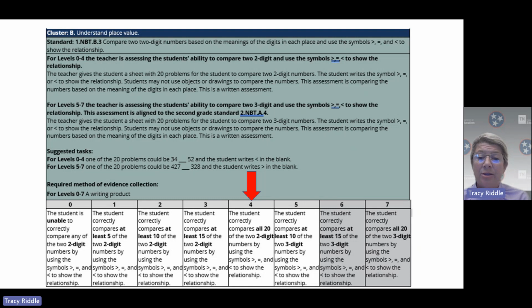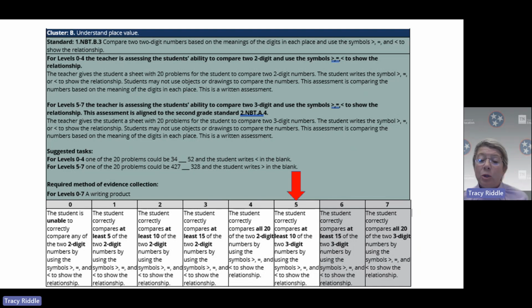If students have mastered all 20 of the comparing of the two-digit numbers, teachers, you can move into assessing comparing two three-digit numbers. If the student answers correctly at least 10 of the 20 problems comparing two three-digit numbers, the score would be a level 5.